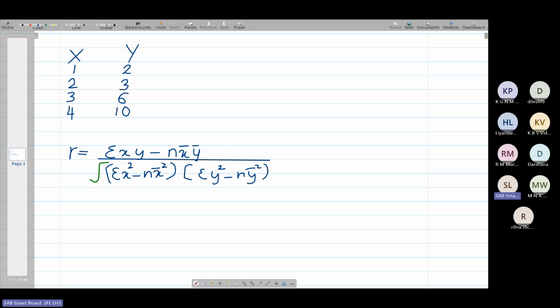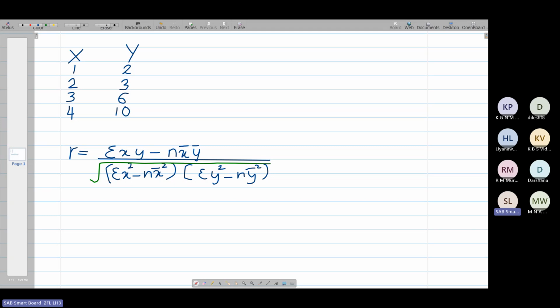There is a square root sign here. Sigma xy minus n x bar y bar, divided by the square root of sigma x squared minus n x bar squared, times sigma y squared minus n y bar squared.